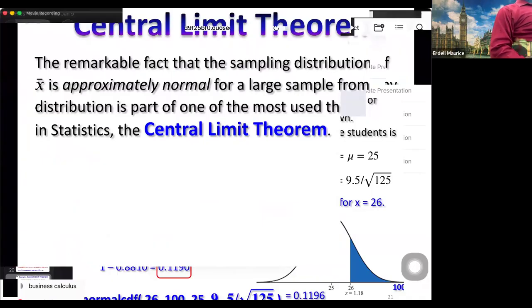The central limit theorem says that it is a remarkable fact that the sampling distribution of means is always approximately normal for a large sample from any distribution. Questions there?